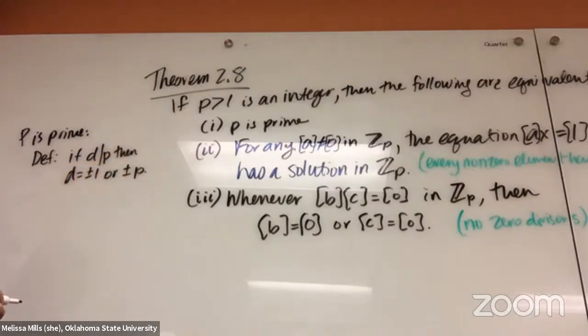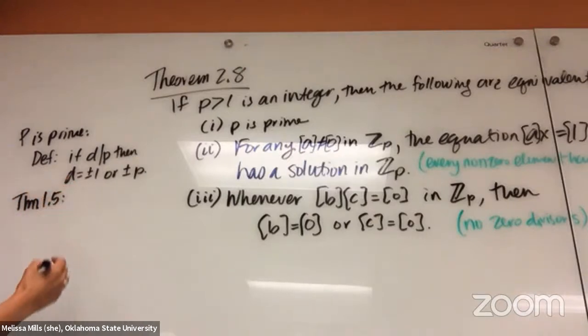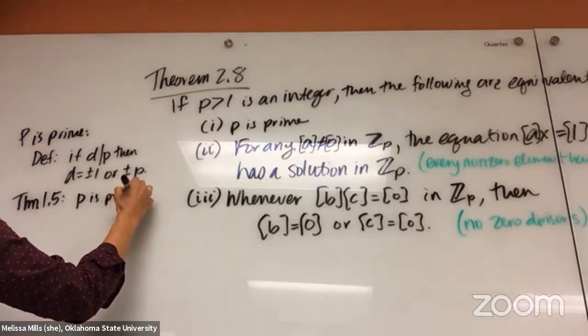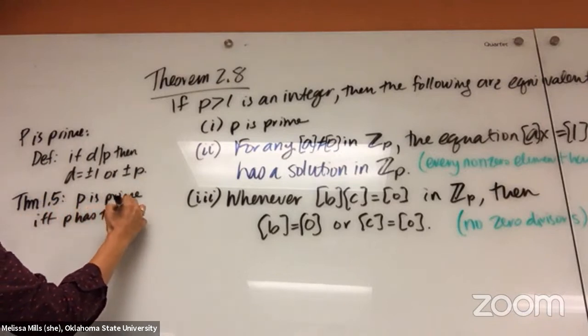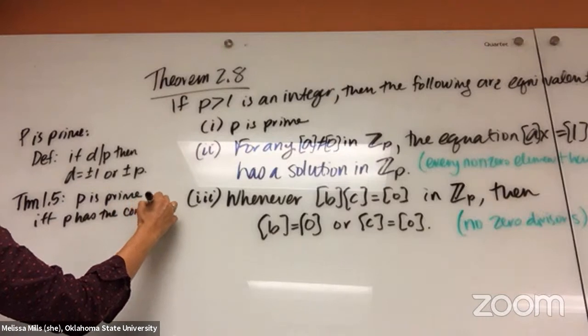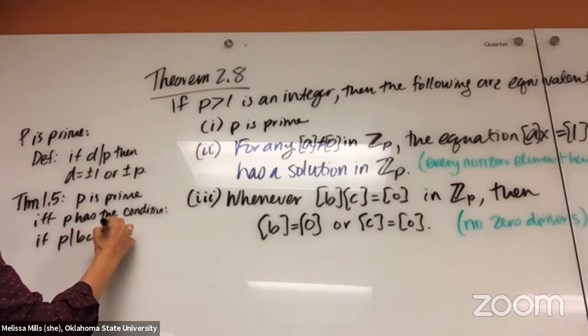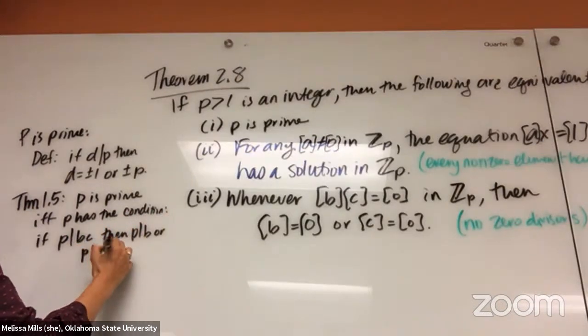That's the definition of prime. We also have theorem 1.5, which says that p is prime if and only if p has the condition that if p divides bc, then p divides b or p divides c.